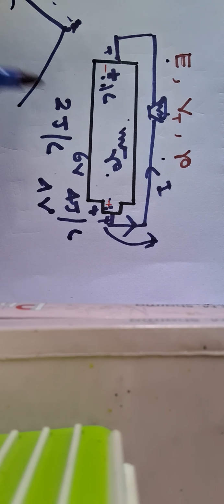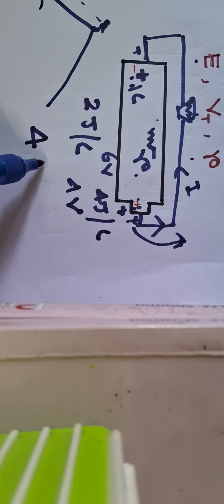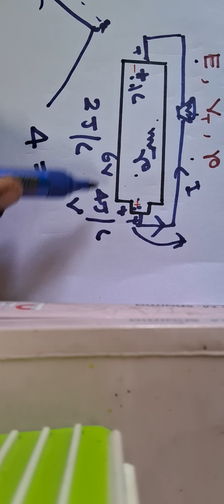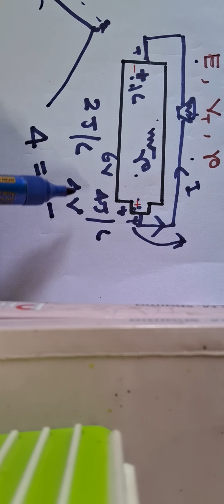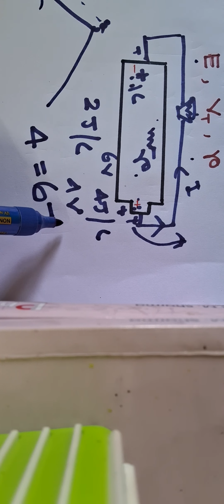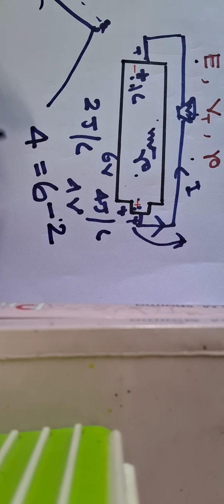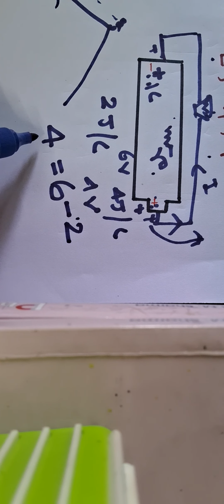That is 4 joule per coulomb, which is nothing but 4 volt. EMF was how much? That is 6. What amount of energy loss? That is 2 joule per coulomb, which is nothing but 2 volt. And this 4 is your terminal voltage.